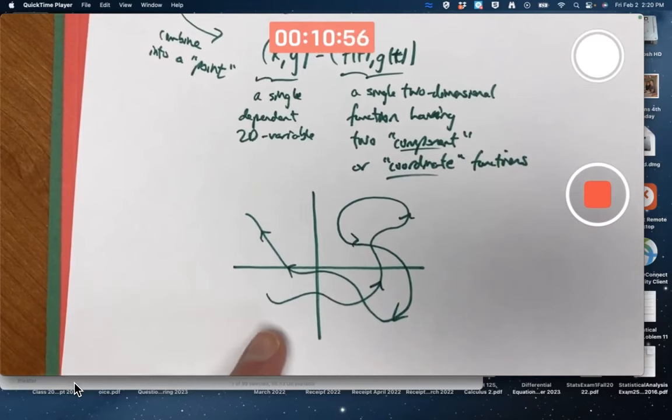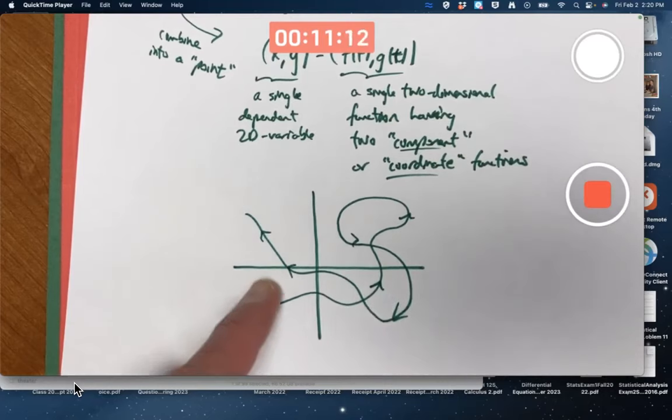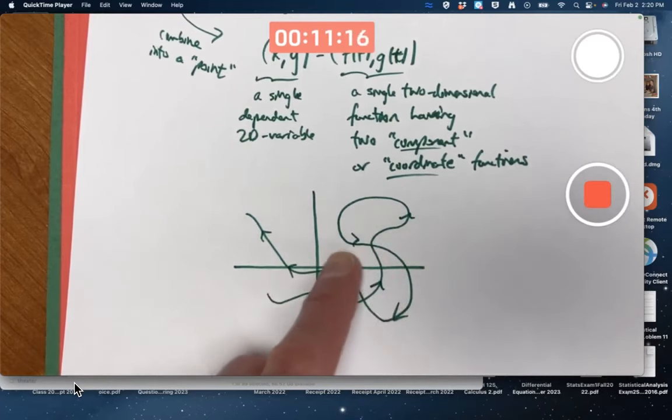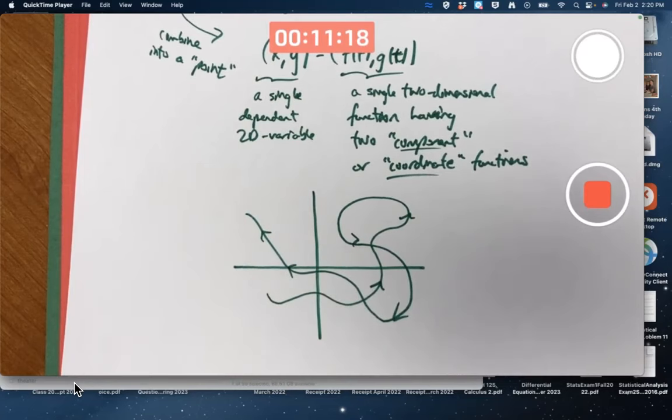The motion is not only in this direction, but it could speed up and slow down. Goes fast, then slows down, then goes fast again, or even turns around and goes the other way, which would mean I'd need to draw the arrows going the other way too, depending on what t is. It could be back and forth motion too. That could happen.